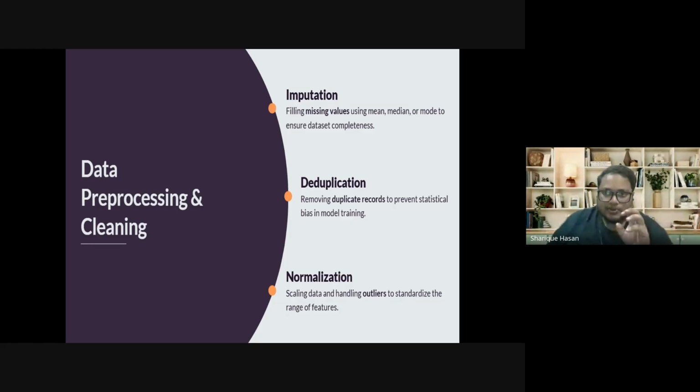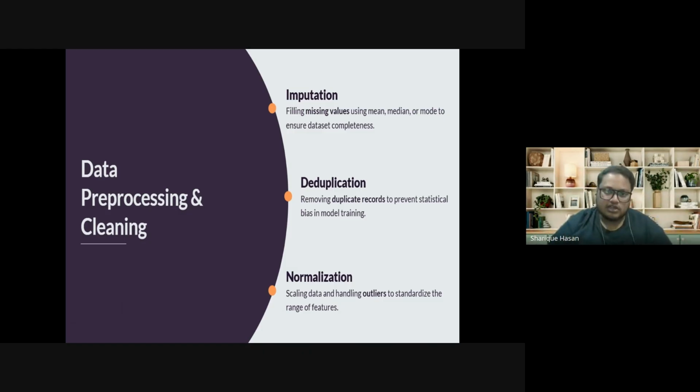When I explain mean and mode in the mathematics part, you will get to know it very easily. Number two is removing duplicate records, to prevent statistical bias. Some data sets have duplicates. For example, someone named Shiv Shankar Kumar, SSK, has data that got repeated two times.